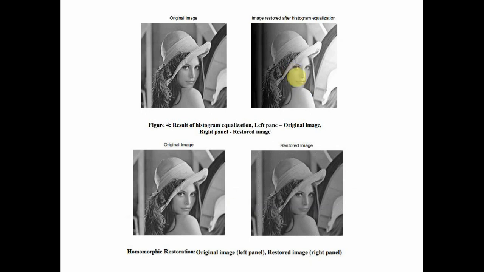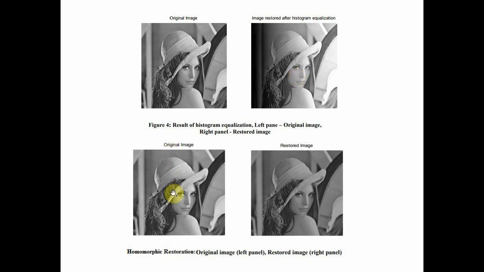Now, how do we restore the image using homomorphic restoration? We have already seen it. You have the input image f of xy, then we apply a logarithmic function on f of xy, then we take the FFT, that is the Fourier transform, then we go for the inverse Fourier transform, then the exponential to get back the original signal.